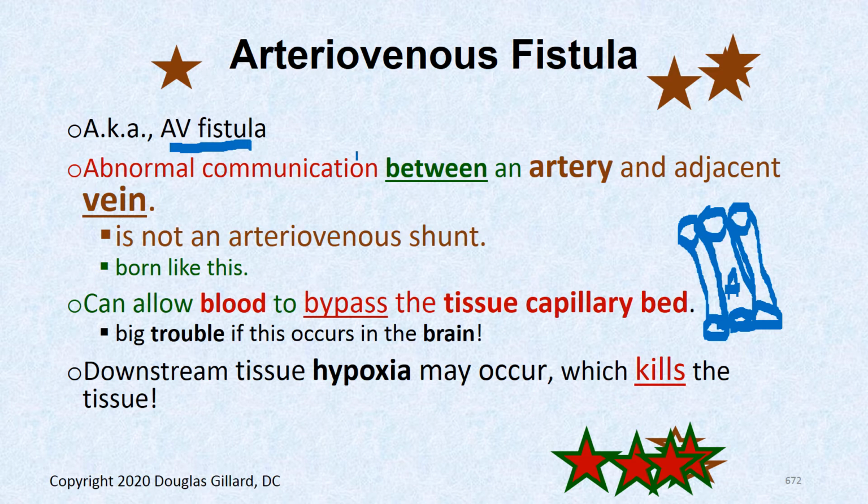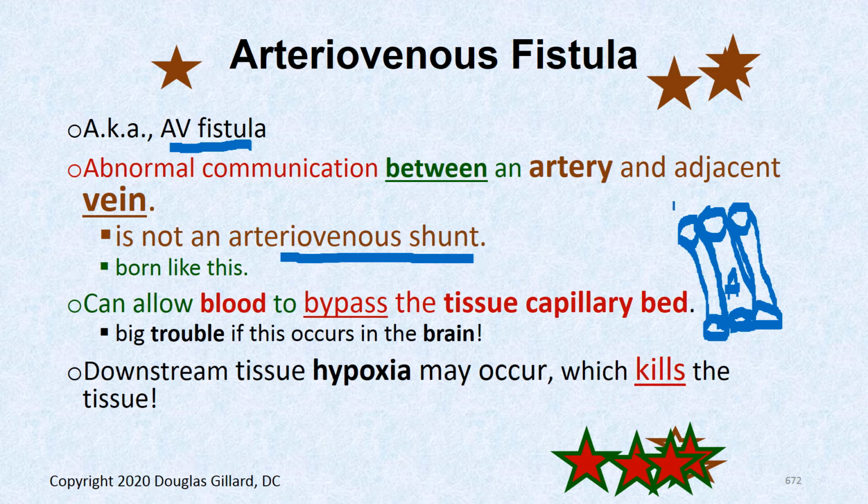Okay, so a fistula, by definition, just means a communication between two pipes, a new communication. This is not an arteriovenous shunt. An AV shunt is a normal occurrence in capillary beds or just upstream from capillary beds.